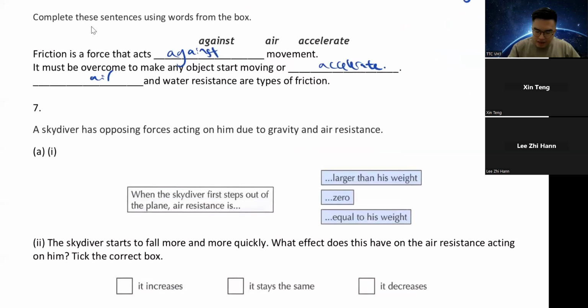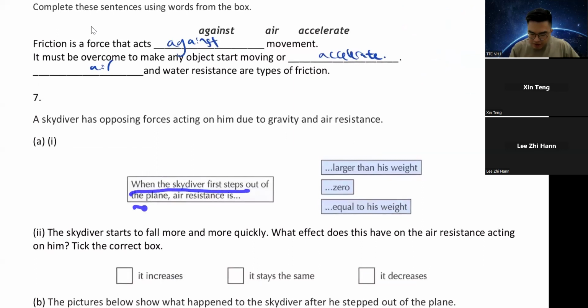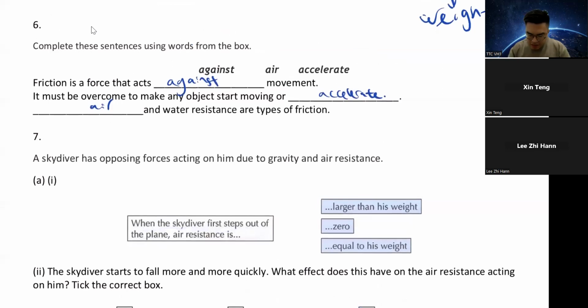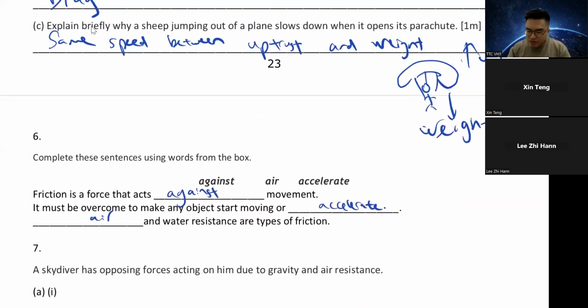Okay, number 7. A skydiver has opposing forces acting on him due to gravity and air resistance. When a skydiver first steps out of the plane, he hasn't opened the parachute yet. So the air resistance should be very small, and then the weight is much higher.